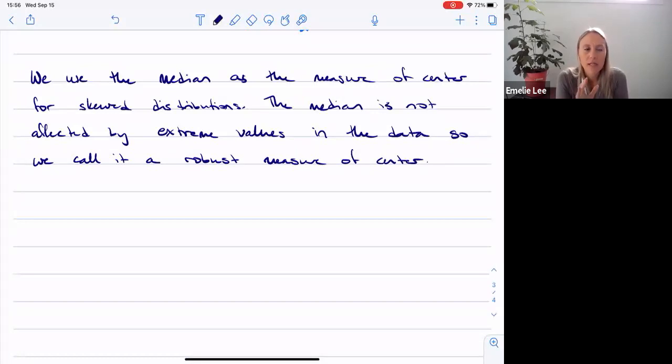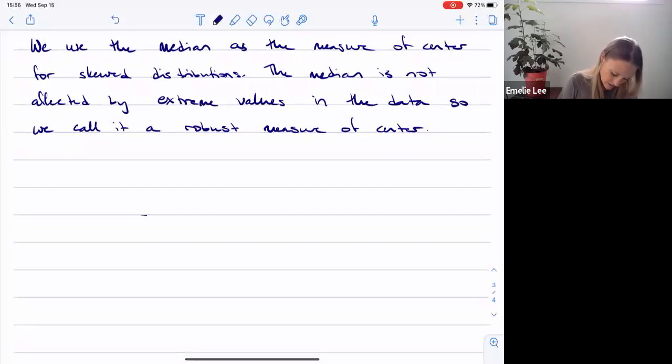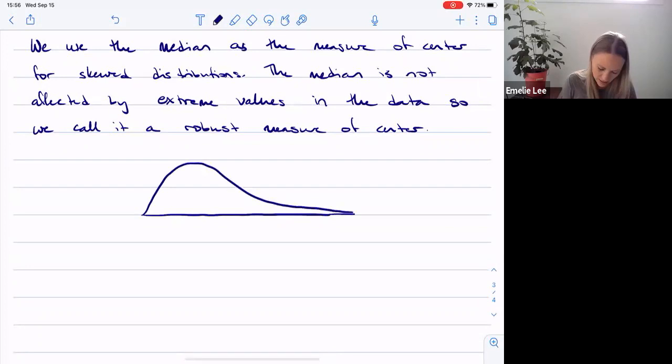Just visually, what happens is if you have a skewed distribution like this, right, the median might be somewhere here. Okay, that's a pretty reasonable measure of center, right? Whereas the mean is going to run towards the tail, right? And so depending on how long the tail or how extreme those values are, let's show it as if it's really extreme here.